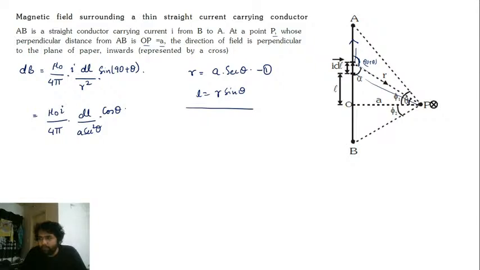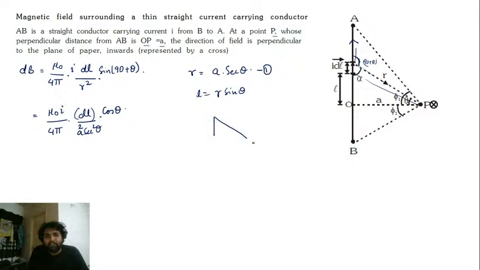I hope this is clear to you guys. mu naught I by 4 pi into dl by a square secant square theta into cos theta. Now, what is the relation between dl and the whole thing?